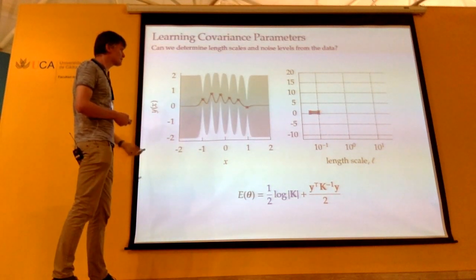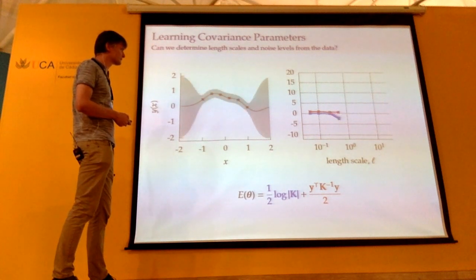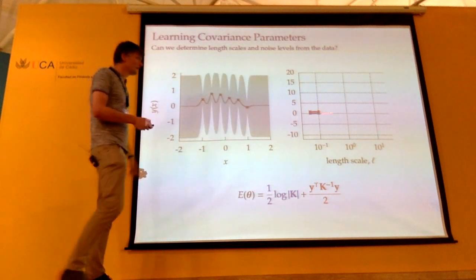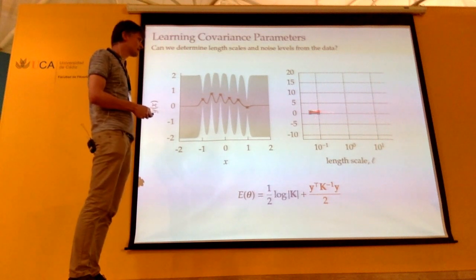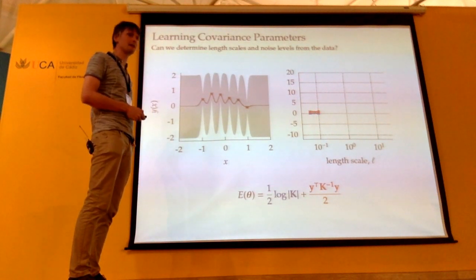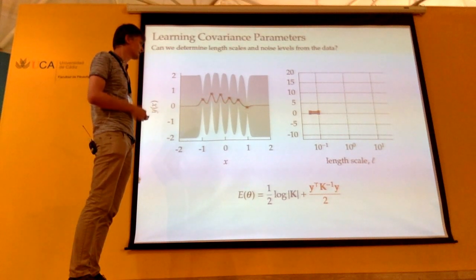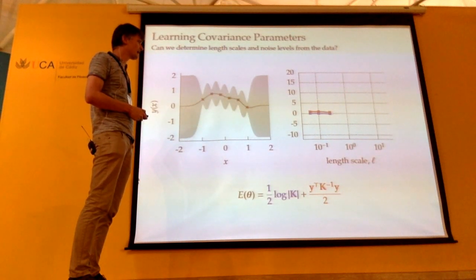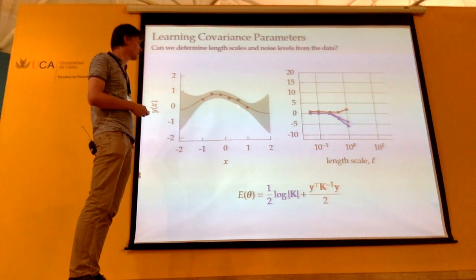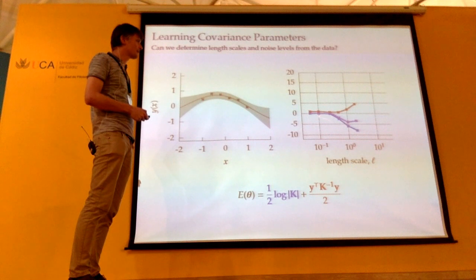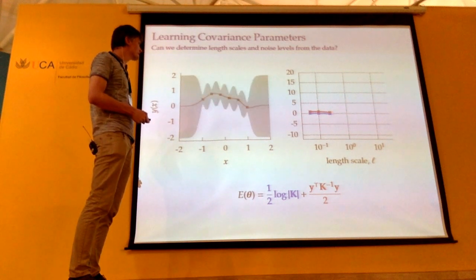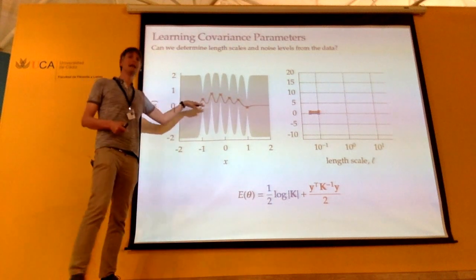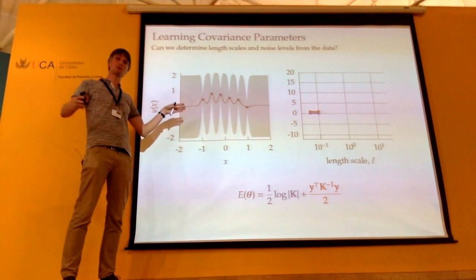So as you increase the length scale, you get a better looking fit. But what I want you to pay attention to are these curves. The red curve is the data fit term. At the beginning, the data fit is actually quite good because it's going through the data like that. But as you increase the length scale, the data fit term gets worse. But the capacity term, the log determinant, is getting better. This model is a bit like white noise, it's getting close to white noise.